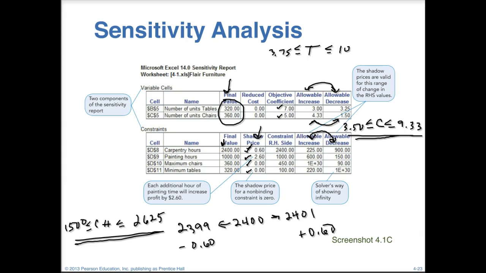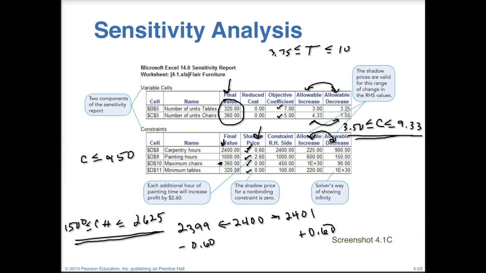And part of the reason for that is because, if you notice, for the chairs, we had a maximum of 450 that we can make, right? But we see that we only needed 360, so we have slack there. So whenever you have slack, and you'll know that you'll have slack because your shadow price would be 0 here, then you know that in that case, it's not going to have a shadow price.